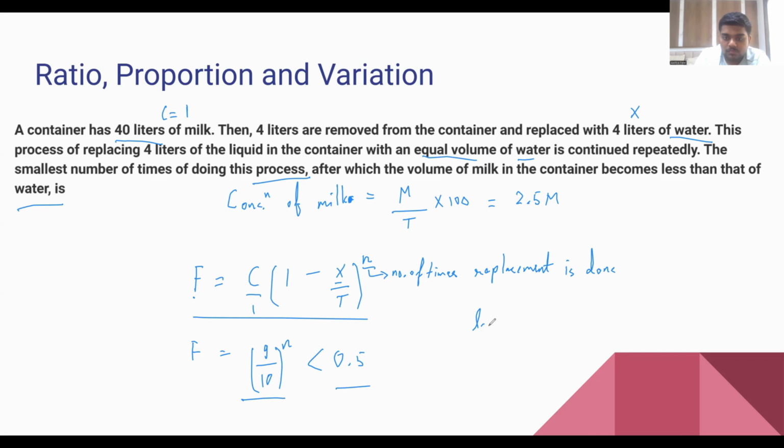So n log of 9 by 10 is less than log 0.5. And from this, you will be able to find the relationship. Okay. So you can do this calculation and you will find the value of n accordingly.